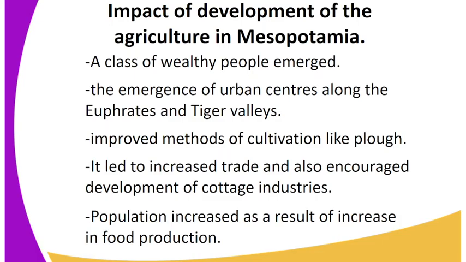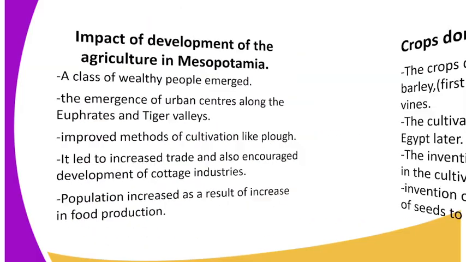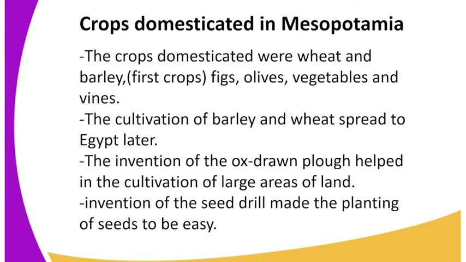The Euphrates and Tigris rivers provided water, improved methods of cultivation, increase of trade, and population increase, which resulted in high demand for food. The crops which were domesticated were wheat, barley, figs, and olives. Also, the cultivation of barley and wheat spread to Egypt and later to other parts of the world.